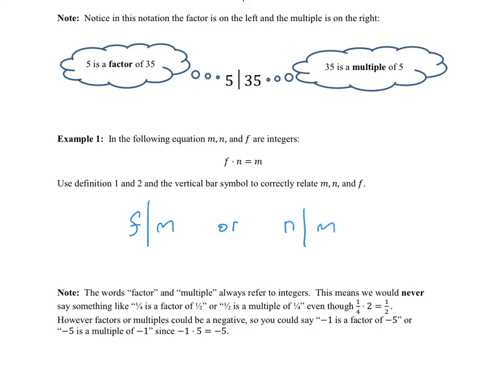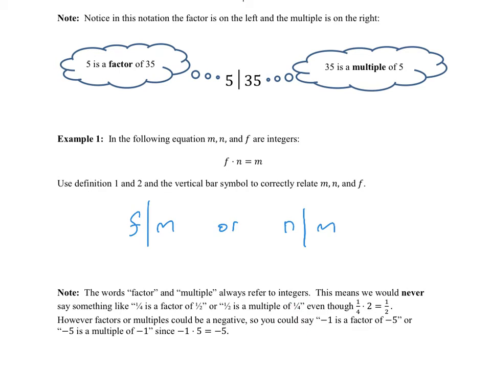Now, one thing to be very careful, notice in the definitions above, or even in this example, we've been talking about integers. So factors and multiples always refer to integers. So we would never write something like a quarter is a factor of 1/2, or a half is a multiple of a quarter.